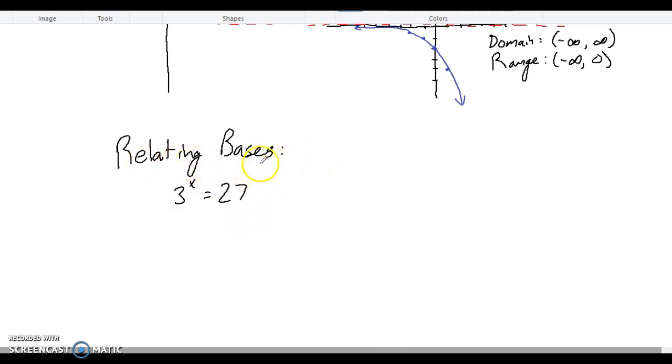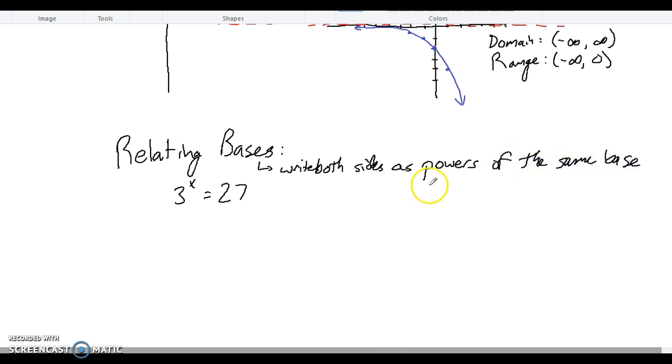The goal with relating bases is we want to be able to write both sides as powers of the same base. Well, 27 is a power of 3 already, so I can rewrite 27 as 3 cubed. And now we just verify to ourselves that if I take 3 and cube it, I get 27. Well, 3 to the x equals 3 cubed.